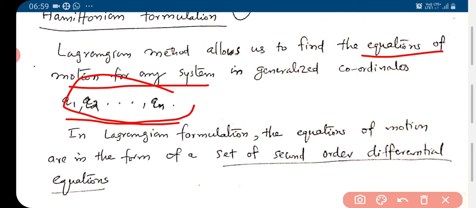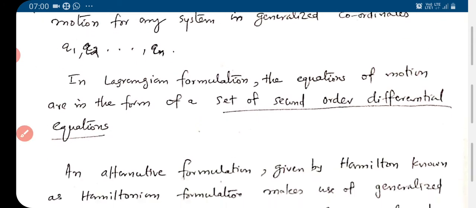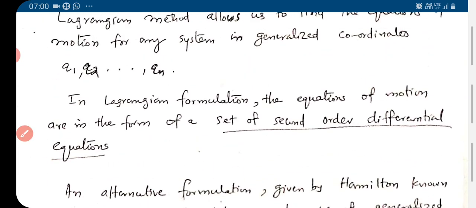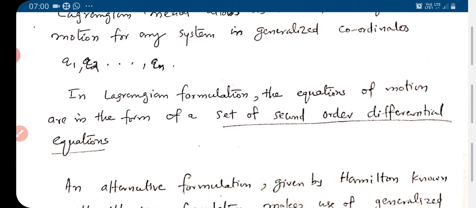And these equations are a set of second order differential equations. We know d/dt of ∂L/∂qj dot minus ∂L/∂qj. These are all a set of second order differential equations.